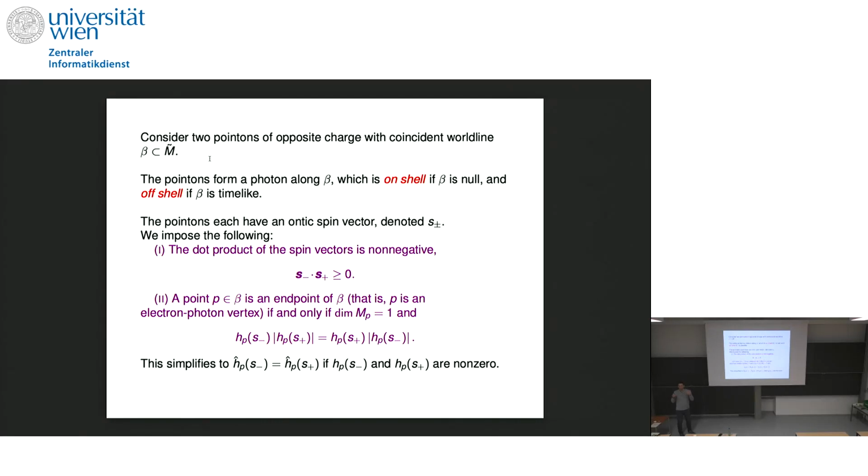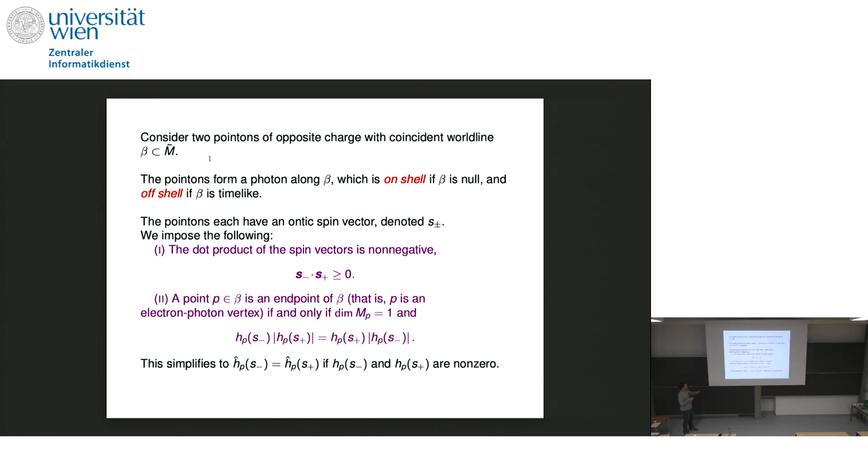On shell, I should say, in a Feynman diagram, any trivalent vertex where an electron and photon interact, always one has to be off shell. You can't have all three on shell. Off shell means relativity is violated.